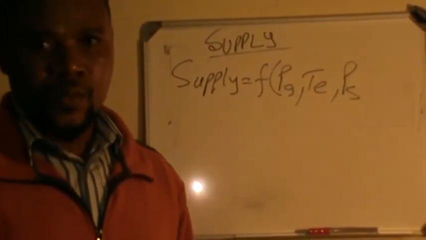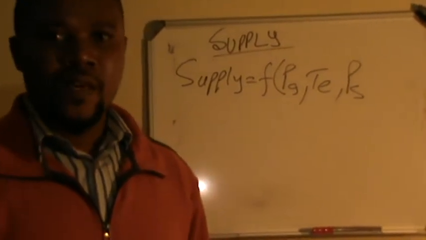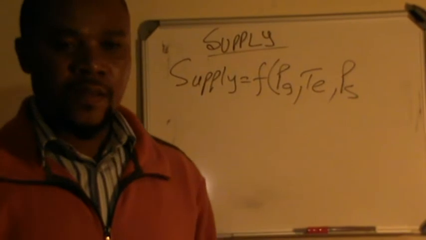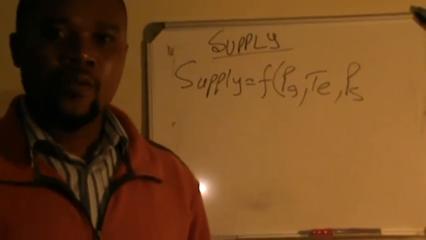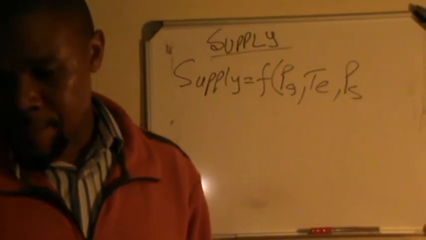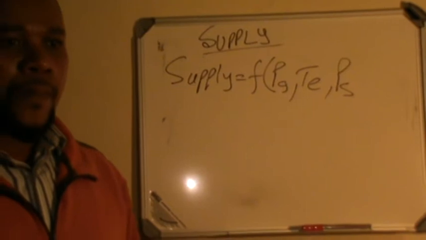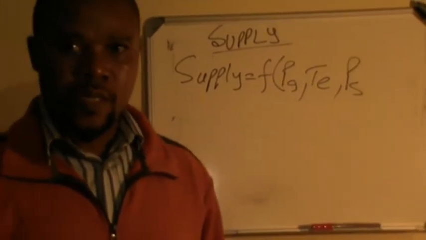Input prices as well. It's not just the price of the goods that suppliers want to supply, but it's also the prices of inputs. So what goes into that product?